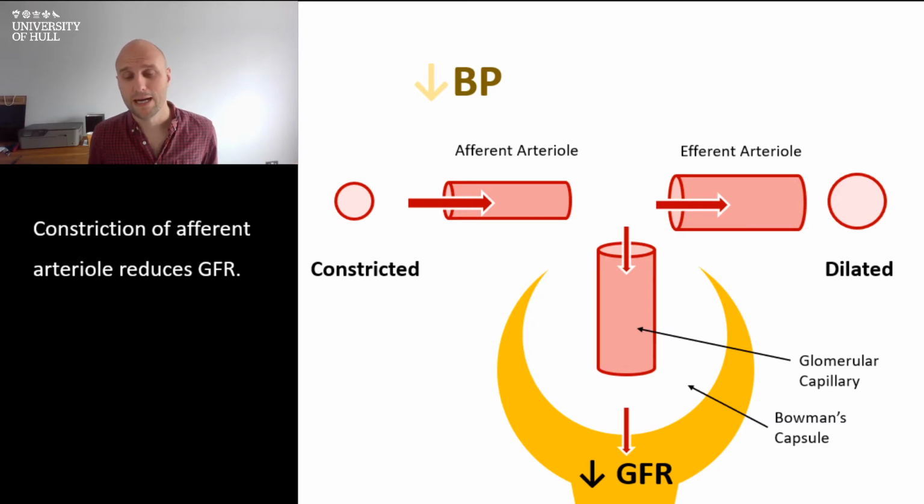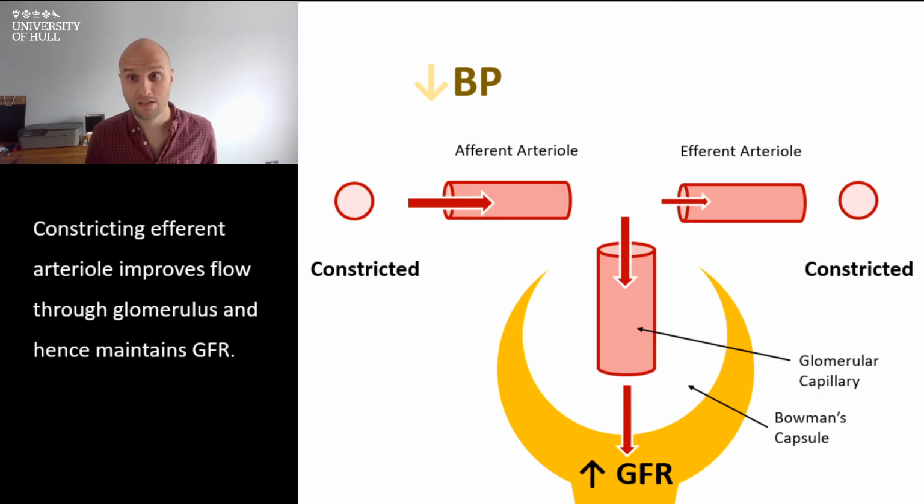And so the small adaptation that can be made is that the efferent arteriole can also constrict, and so you've got that resistance to flow on the other side of the glomerulus, and so the flow is actually improved through the glomerular capillaries, and so we maintain the filtration of fluid through the glomerulus and into the lumen of the nephron, and so in this situation, this is how the GFR is maintained.